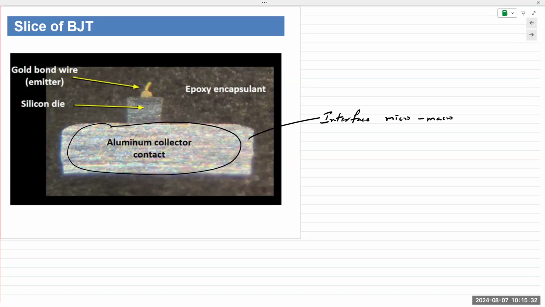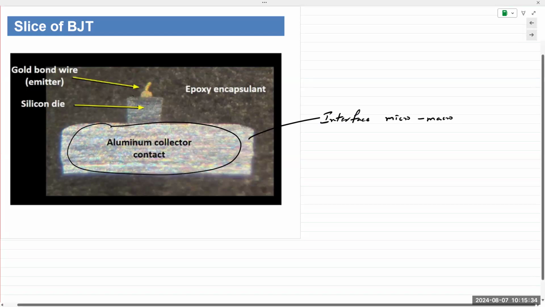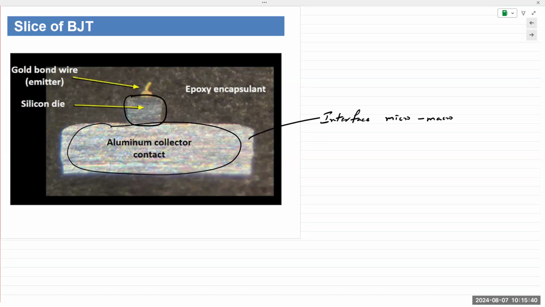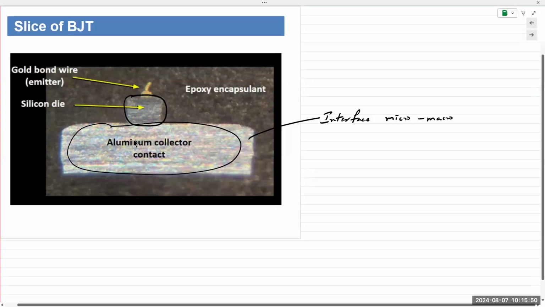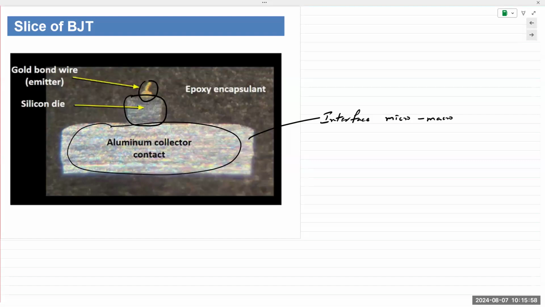That's the reason why it's so big. The actual transistor is right here. And even in this small piece of silicon that you see, the actual transistor would be much smaller in size, probably about the size of the gold bond that you see. So you have a gold bond wire on top making contact with the other side of the transistor device.